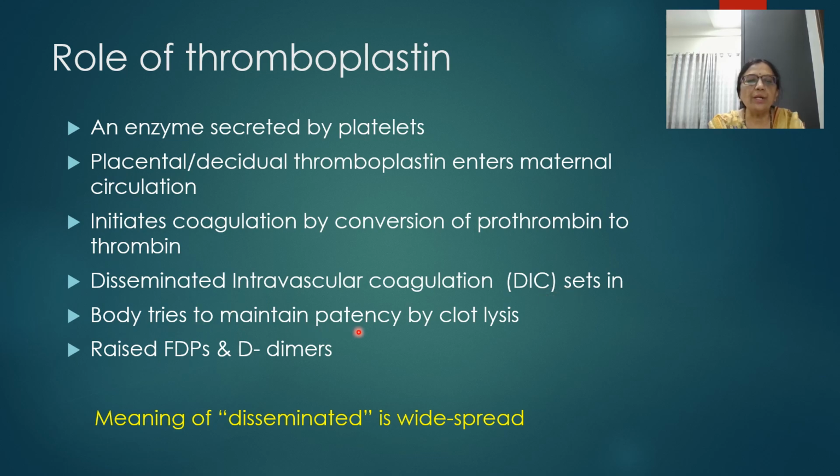Body tries to maintain patency by clot lysis, which leads to the rise in FDPs, that is fibrin degradation products, and D-dimers. Meaning of the word disseminated is widespread. So there is a widespread intravascular coagulation, and the main reason for this is release of thromboplastin by the platelets which are present in the retroplacental hematoma.